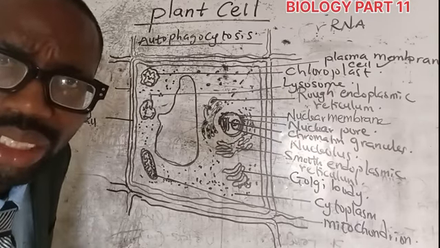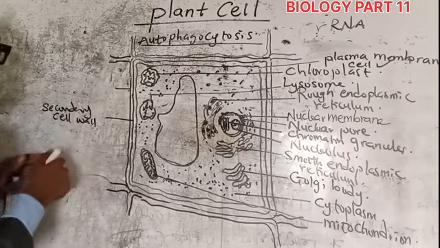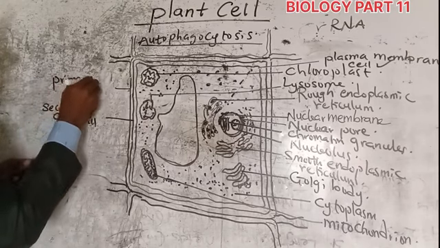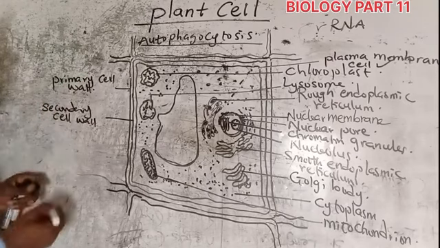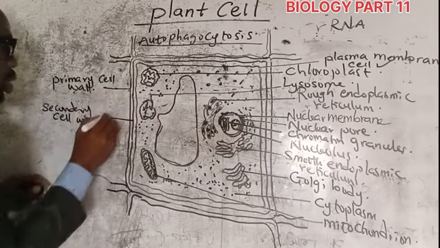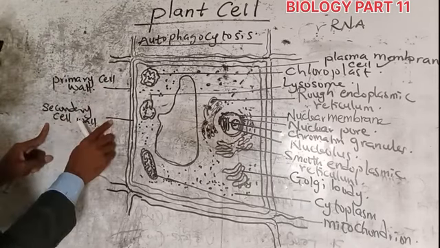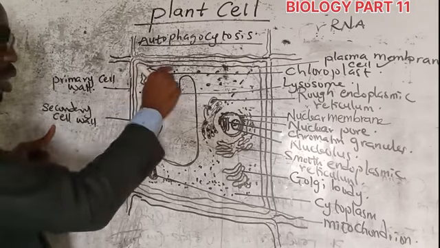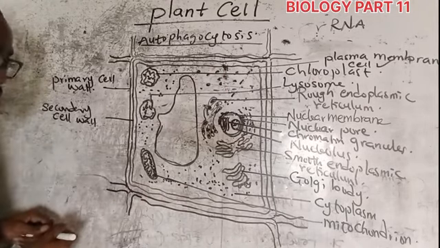I hope you can see it. This first layer is called the primary cell wall. The second layer is called the secondary cell wall. Then the innermost layer is where you have the what? The cell membrane, before you have the cytoplasm. Do you understand what I'm saying?